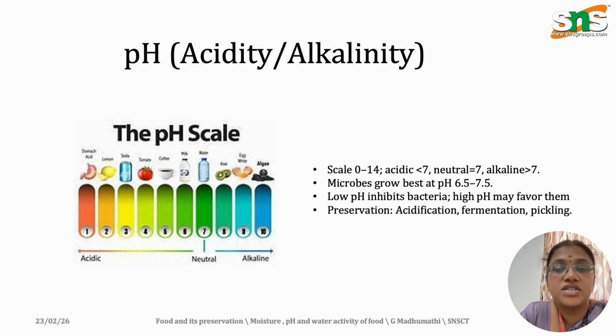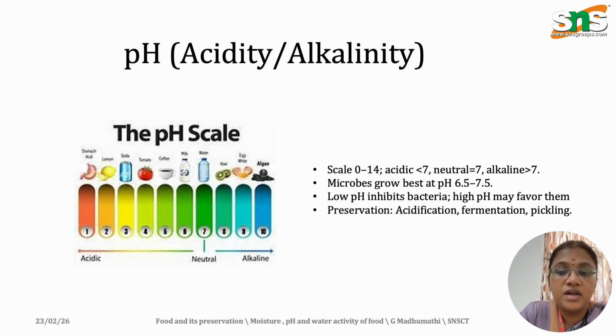And next is the pH, that is acidic or alkaline ranges, and neutral. In the pH scale from the slides, we can understand that the scale runs from 0 to 14. Values less than 7 we call acidic, greater than 7 belong to the alkaline range, and 7 is neutral. At pH ranges from 6.5 to 7.5, the microorganisms will grow most rapidly.